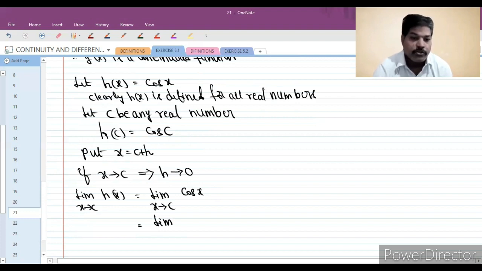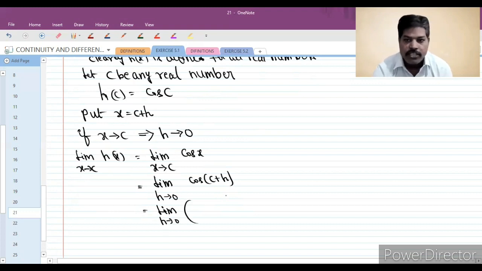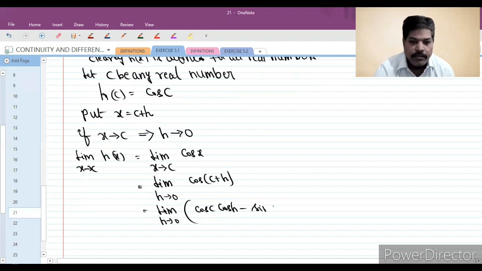Automatically if x tends to c, what happens students? h tends to 0. It will become cos of c plus h, which is equal to limit h tends to 0. What is the formula of cos of a plus b? Cos of a plus b is nothing but cos a cos b minus sin a sin b.